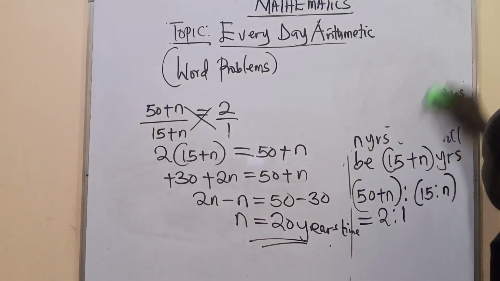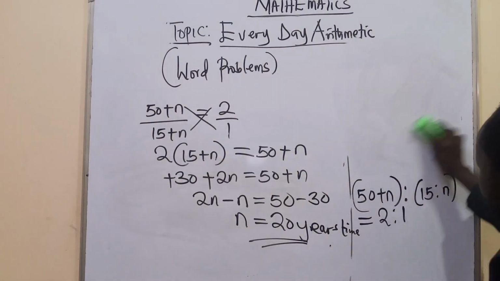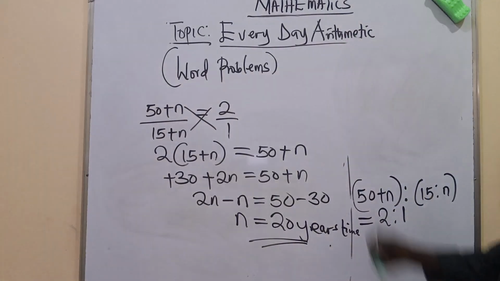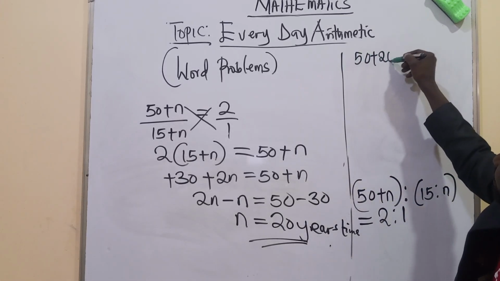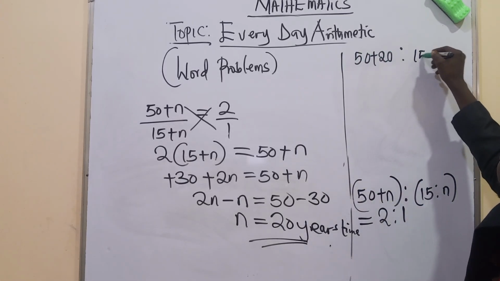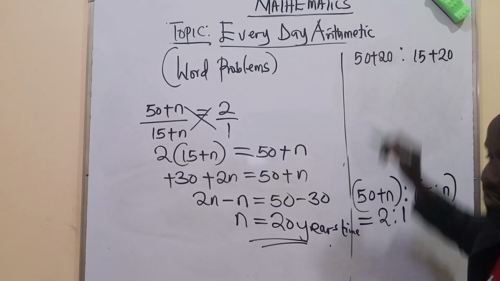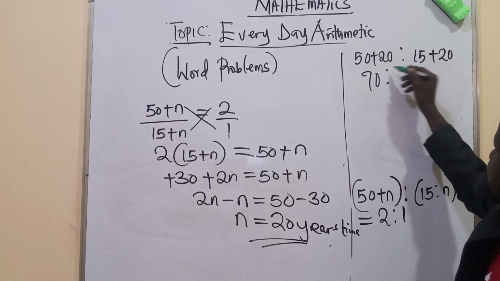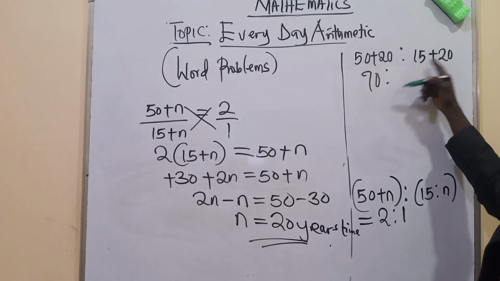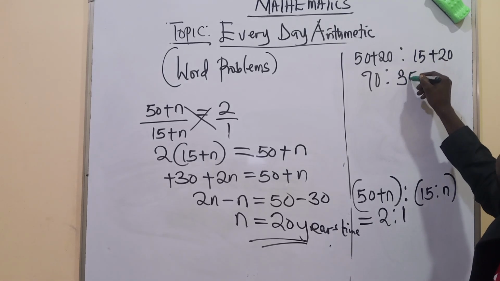What are we saying? Since we know the age of the father now, in n years time will be 50 plus 20 ratio 15 plus 20. Let's see. 50 plus 20, that will be 70, ratio 15 plus 20, that will be 35.